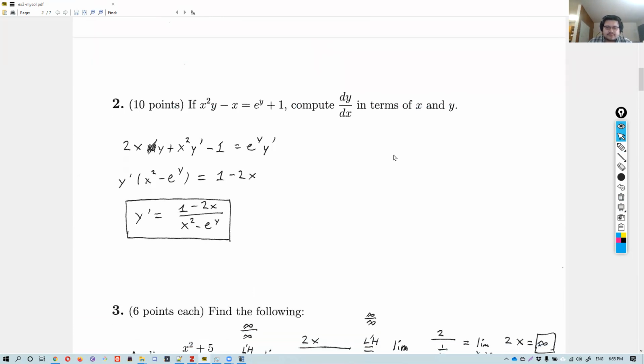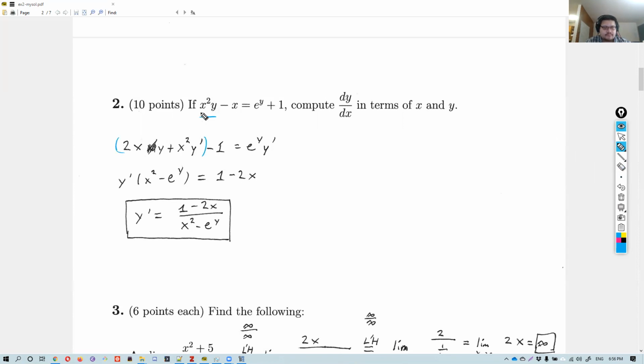So this is just implicit differentiation. So yeah, for this, you see that the derivative of x squared y is going to be all of this.